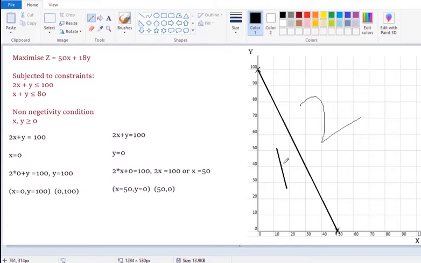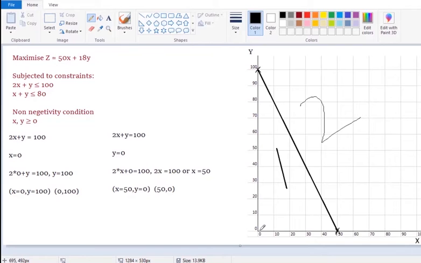For that, I can take one point from this region, and maybe one point from the other region. For example, I take one point in this region, let it be 0, 0. Usually we use 0, 0.